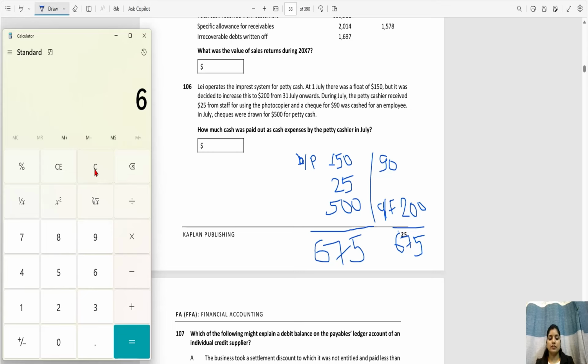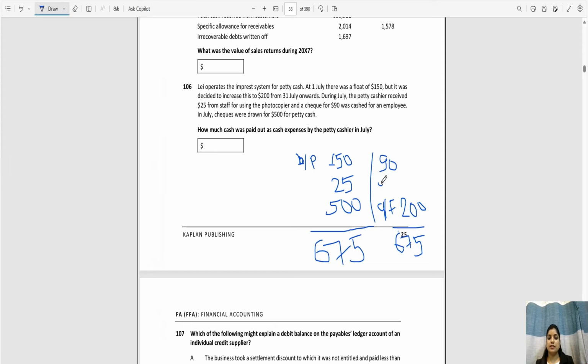If we deduct 290 from 675, it gives 385. This is the expense that the petty cashier has incurred in July, that's 385. Is it clear now?